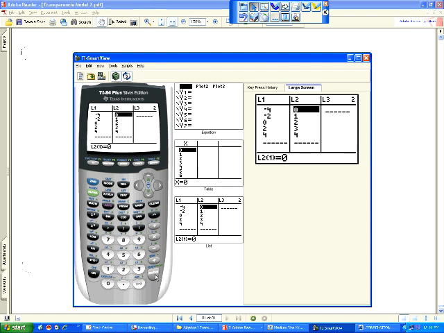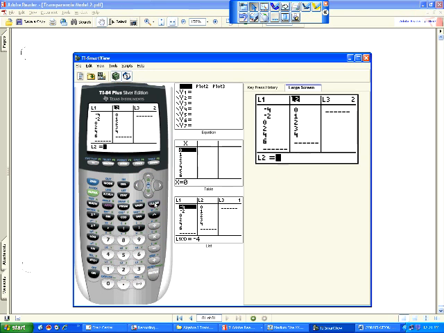Now, if you arrow down, you add another entry, and you hit enter, it will not calculate the y that goes with it because it forgot the formula. So, I'm going to go up to the top.